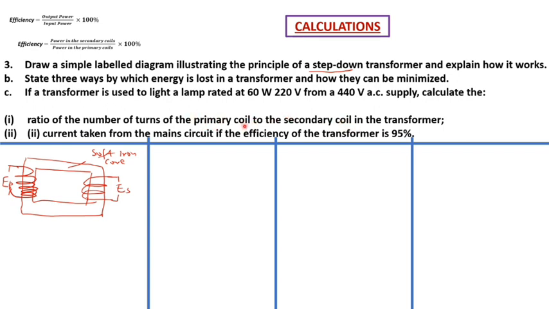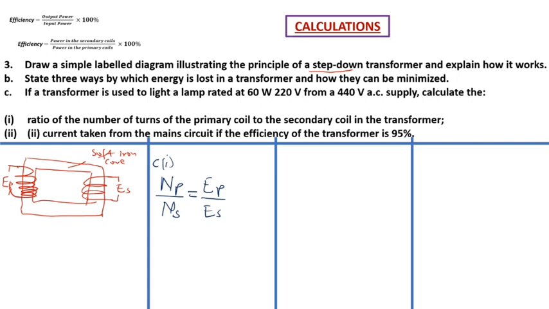It's not the turns ratio, but you have to calculate the primary coil ratio, turns in the primary coil to that of the secondary coil. So the ratio would be NP over NS, and that would be same as EP over ES. So depending on what you are given, you can actually calculate this using that.